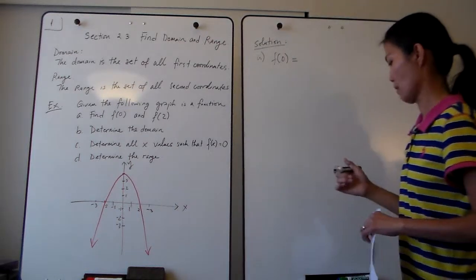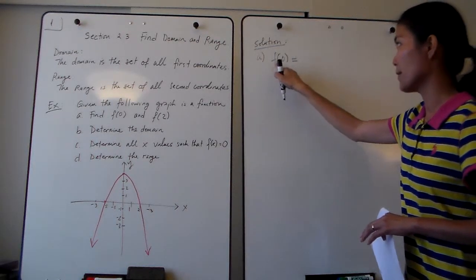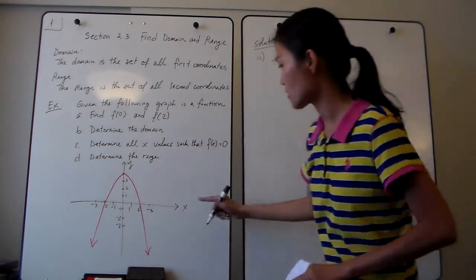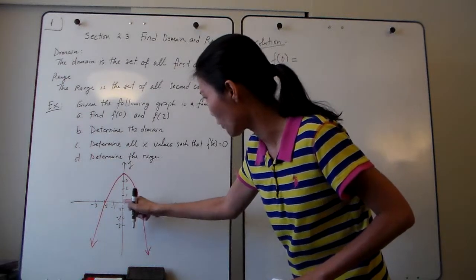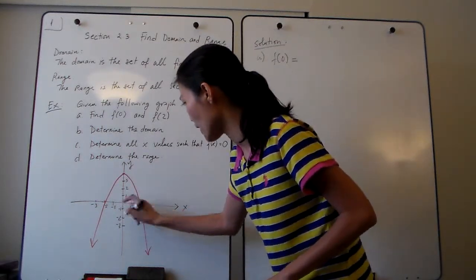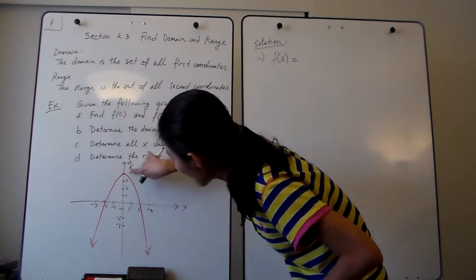Okay? So what is y when x equals 0? When x equals 0 is where both the x-axis and y-axis intersect, right? So when x equals 0, y equals, that's up here, right?